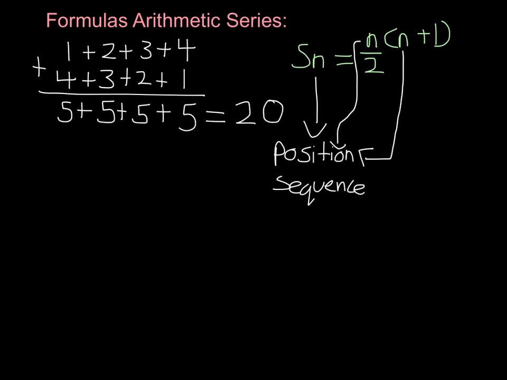So what would happen with the problem we just solved? It's easy. We will rearrange this formula for the problem, and it would be S of 4 because it's until digit 4, equals 4 times 4 plus 1 divided by 2.